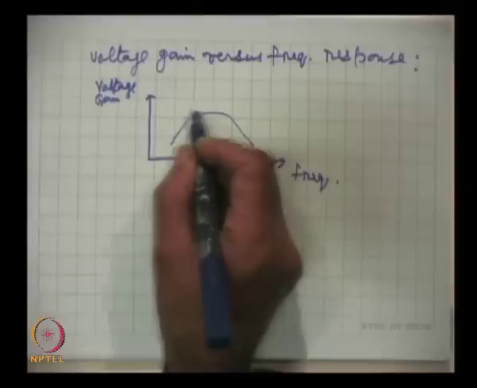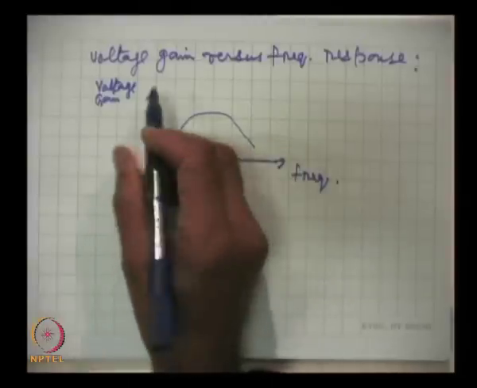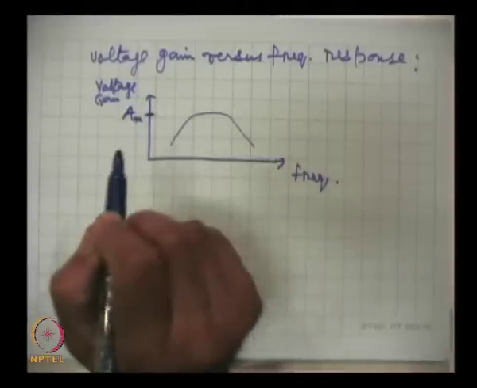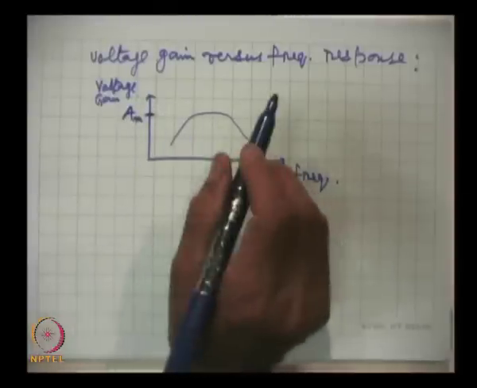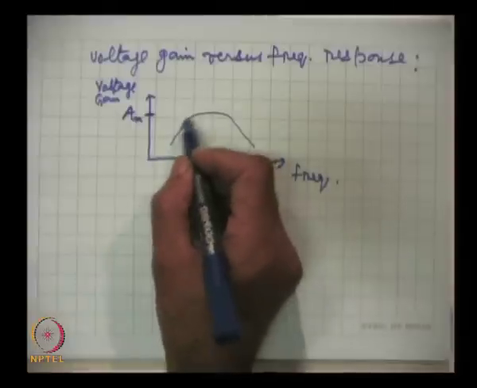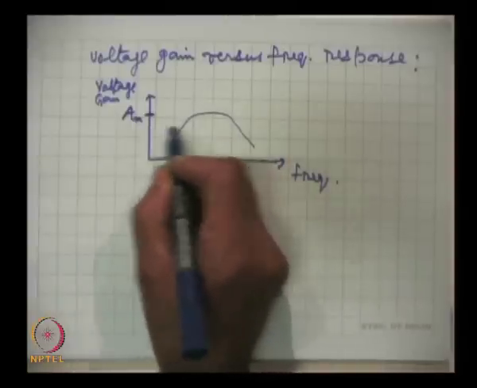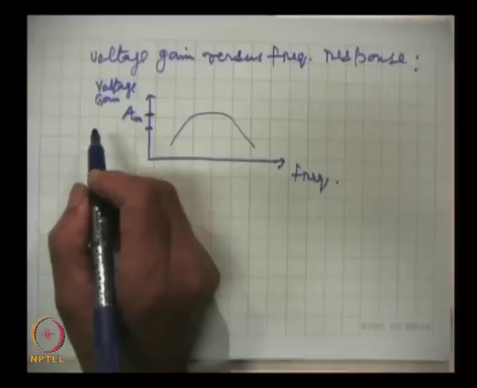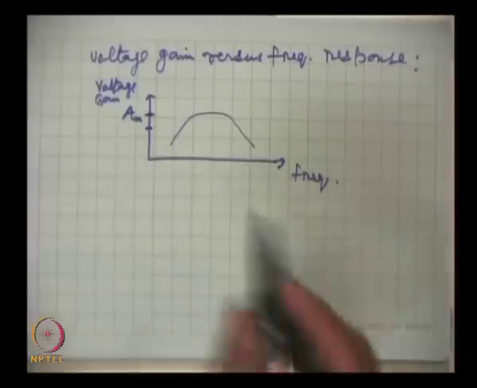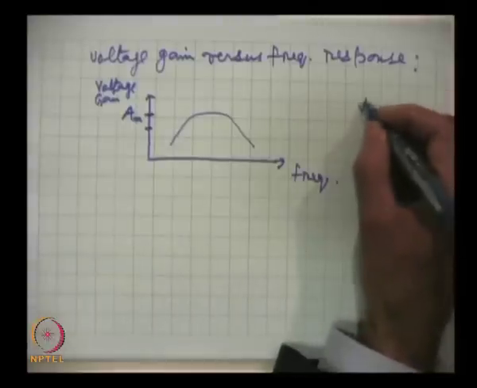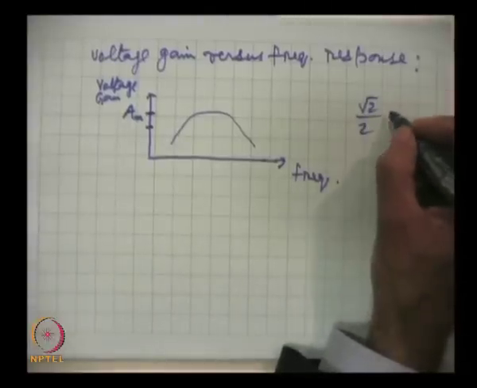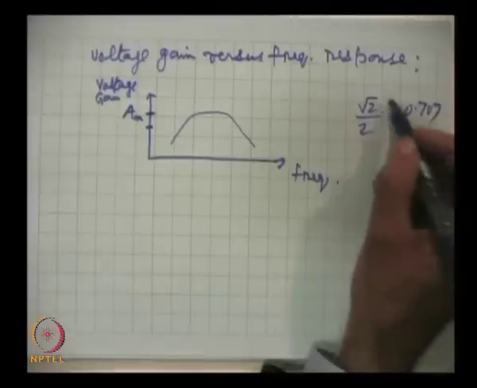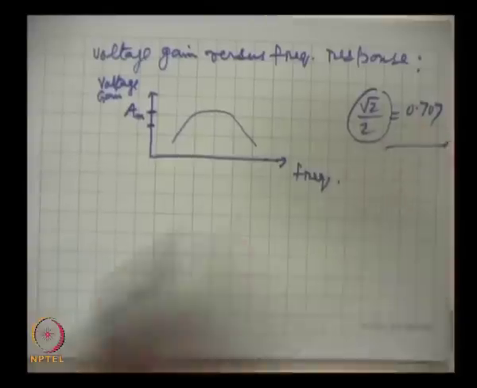Here, this is the gain at midband, where M stands for midband, the flat band, and then the gain falls. When the gain is 70.7%, which is root 2 by 2, equal to 0.707, you will see the significance of these figures.